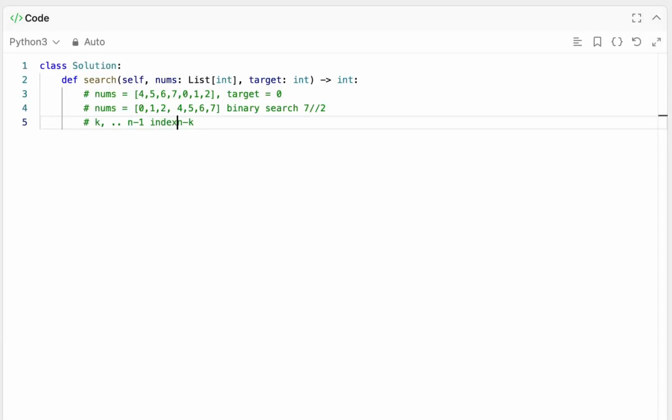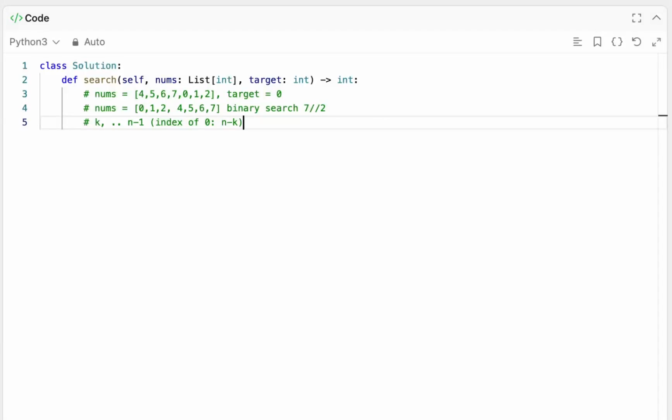This is the index from where we have the 0, right? And then after this one, I would have all the others. But my question here is, how could I find this?